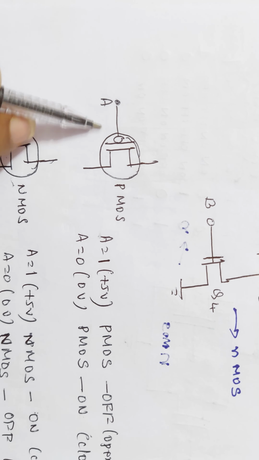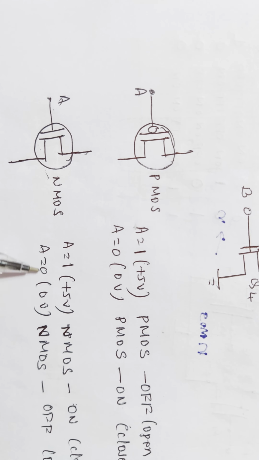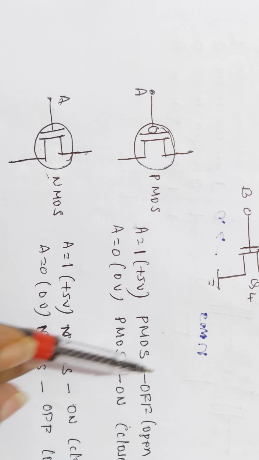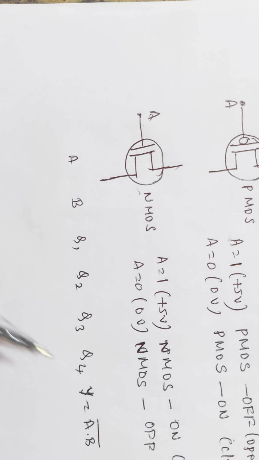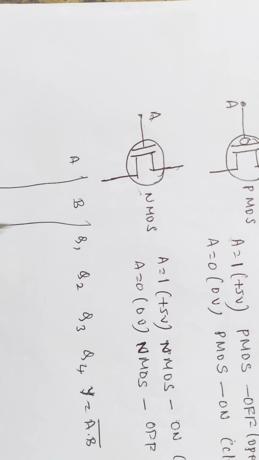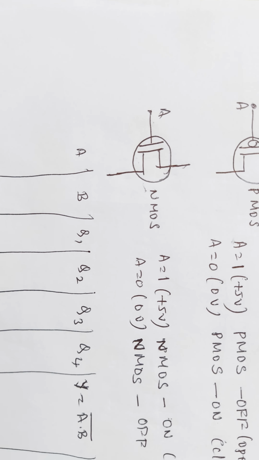For N channel, when A is 1, that is plus 5 volts, when gate is positive, N channel goes on. When gate is 0, that is the input A is 0, N channel goes off. If you know this, you can explain this easily. Let us consider all possible cases. So you have two inputs.